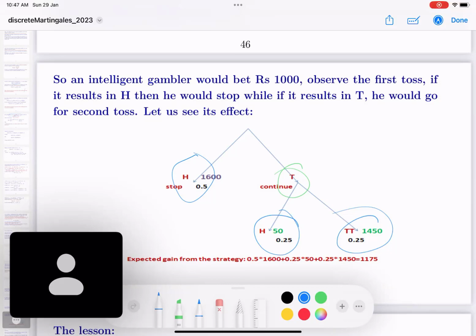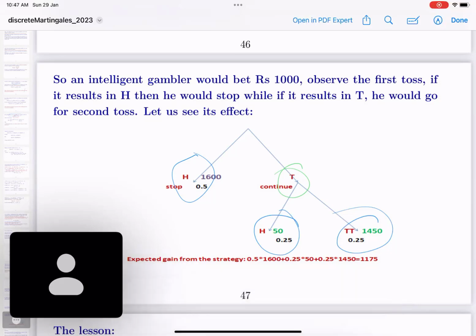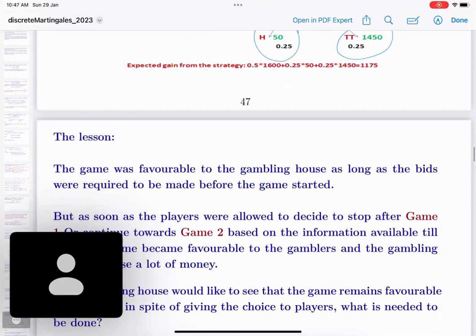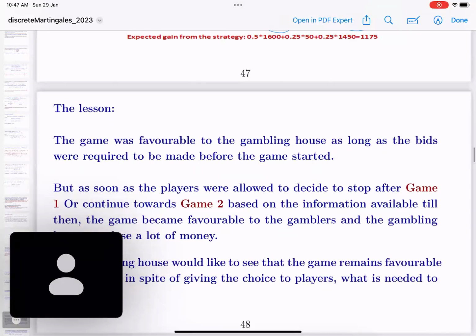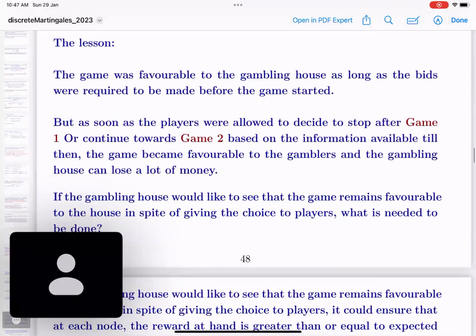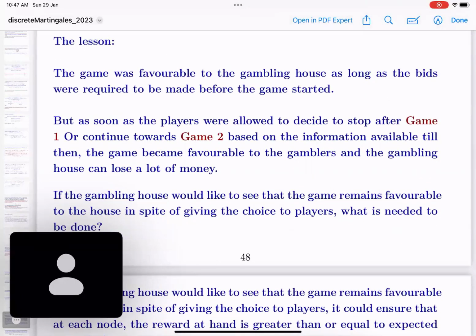So what was a fair game, which was in favor of the gambling house, as soon as players were allowed to decide to stop or play after the first round, the game changed its hand and it became favorable to the player. So whenever one of the two sides has an option on how long to play, the overall analysis changes.